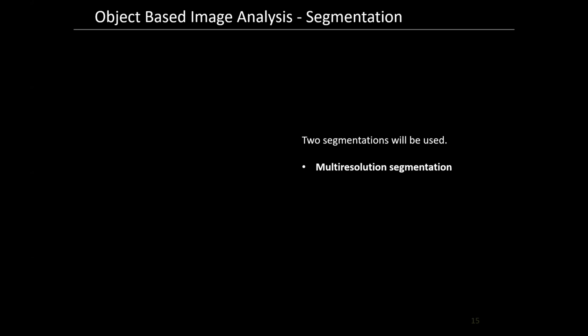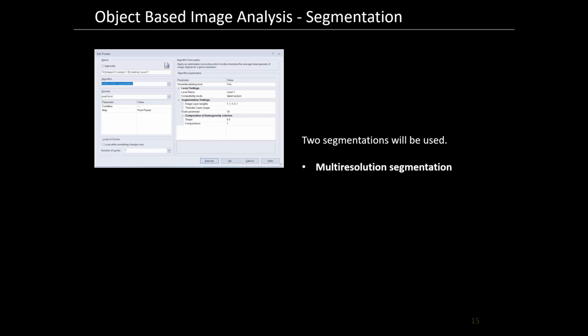in my rule set. The first is a multi-resolution segmentation. This takes in values of scale, shape, compactness, and lets you apply image weights based on the NDSM or the different bands in the NAIP imagery.